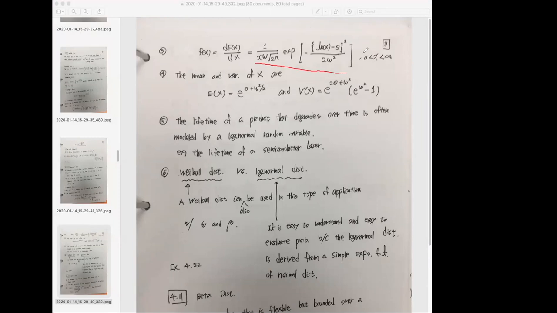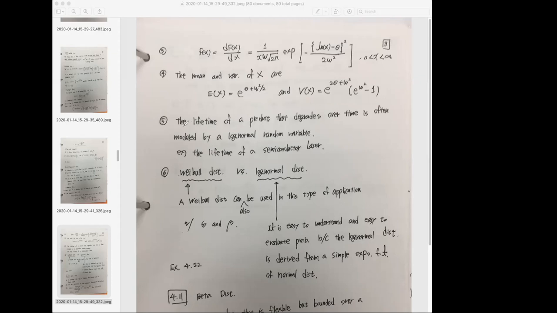That is the PDF of the Lognormal distribution. The mean of the Lognormal is e to the theta plus omega squared over 2, and the variance is e to the 2 theta plus omega squared times e to the omega squared minus 1.